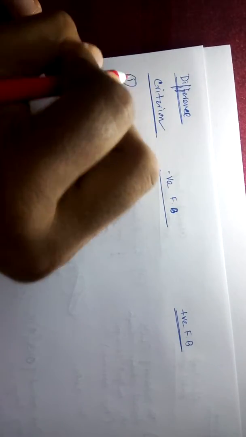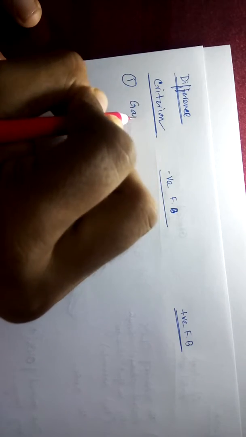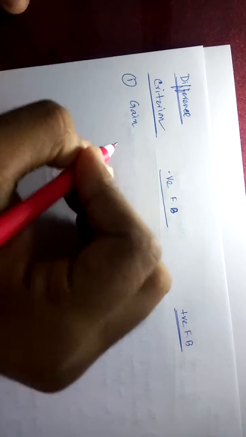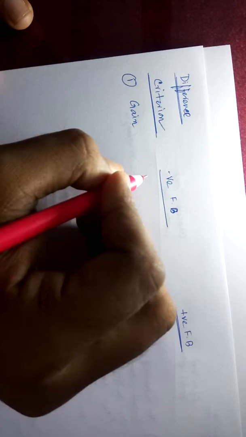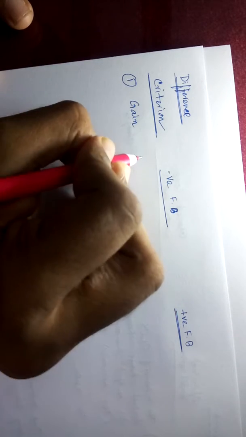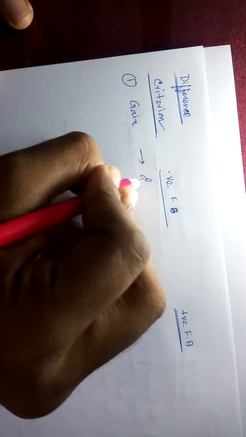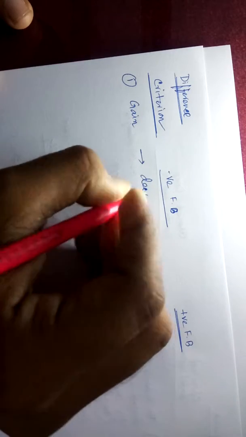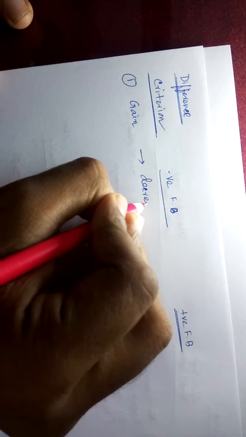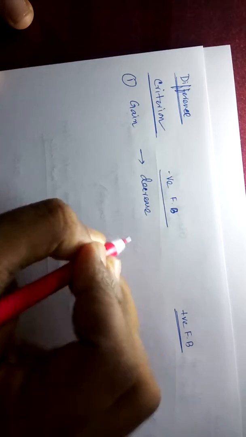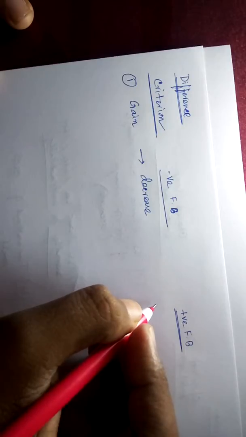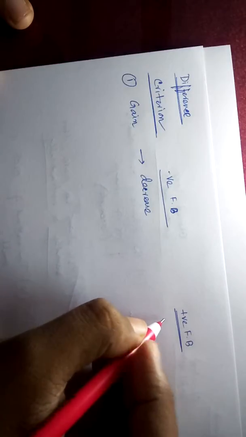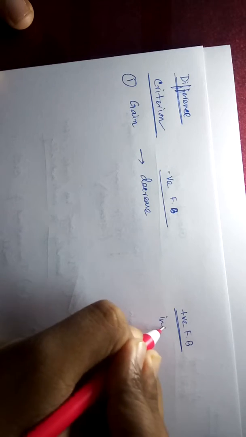So the first criteria will be gain of the overall system. In case of negative feedback, the overall gain will decrease. And in case of positive feedback, the overall gain will increase.